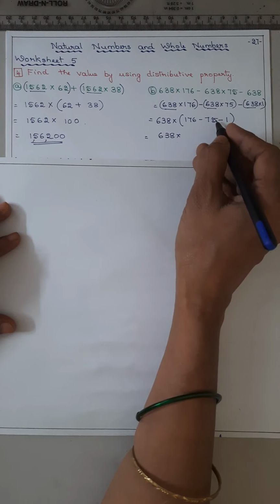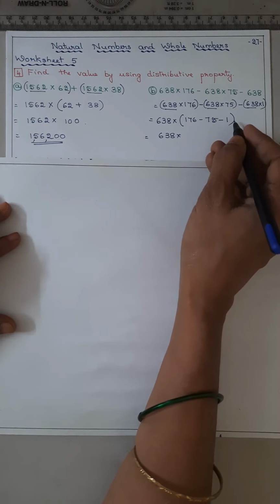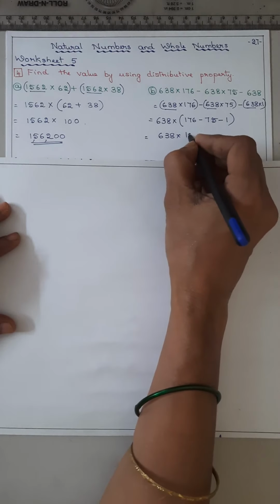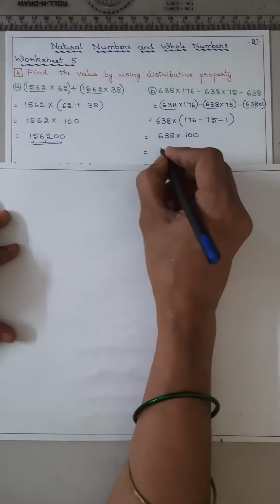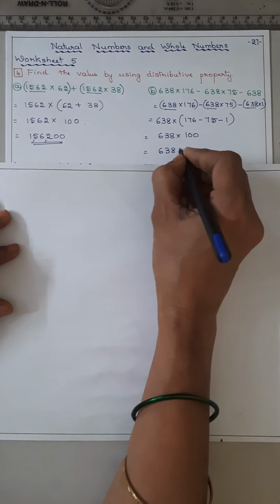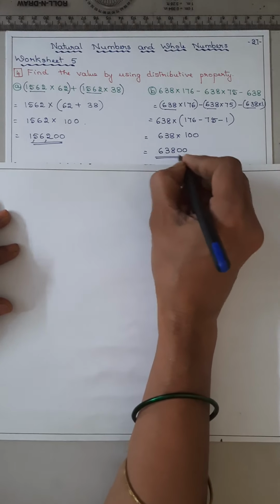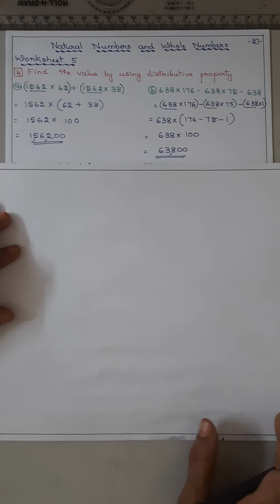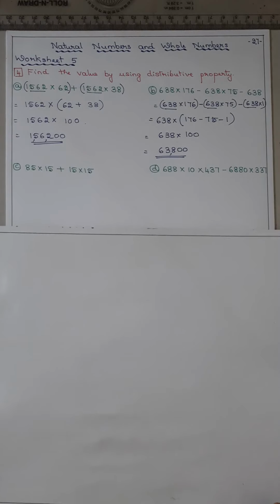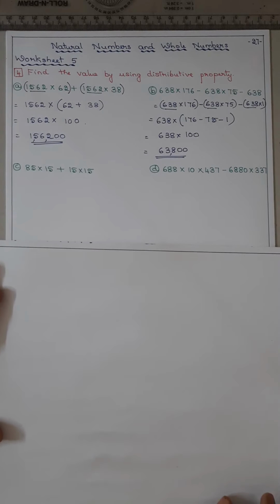It will be 101 minus 1. That is 100. So here the answer is 63800. That is 63,800. Understood?